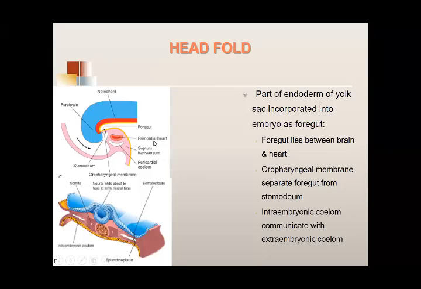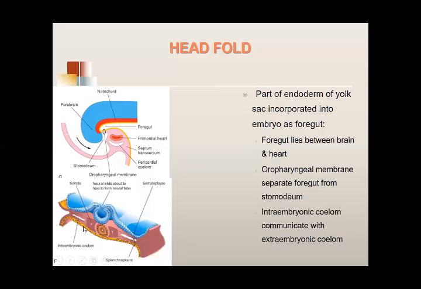You know very well that as the head fold occurs, as this part of the embryo folds forwards, which we call head fold, part of the endoderm, where all the yolk sac was, part of the endoderm of the yolk sac is incorporated into the embryo.